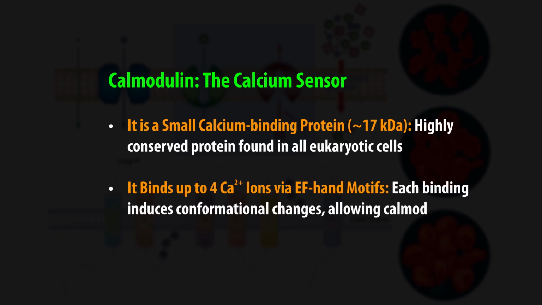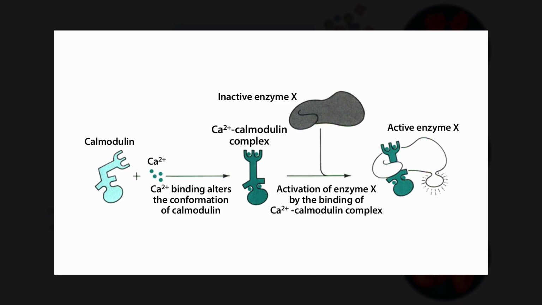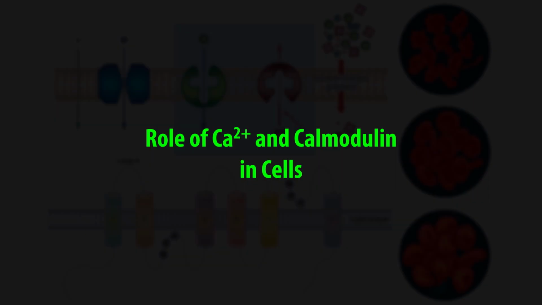Each binding induces conformational changes, allowing calmodulin to regulate diverse target proteins. The calcium calmodulin complex activates many enzymes like CaM-dependent kinases, phosphatases, and nitric oxide synthase, linking calcium signals to cellular responses.